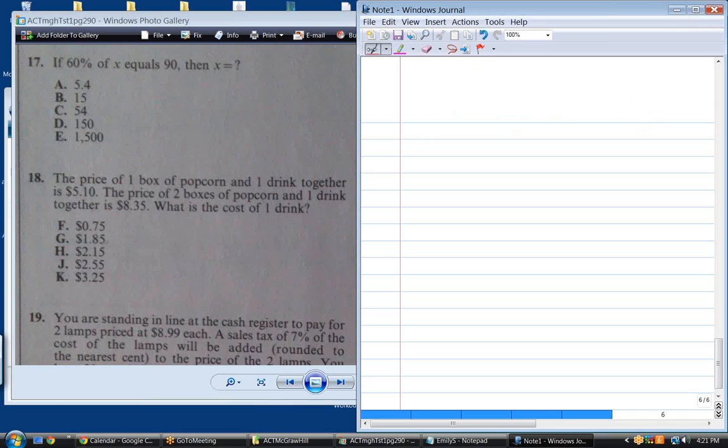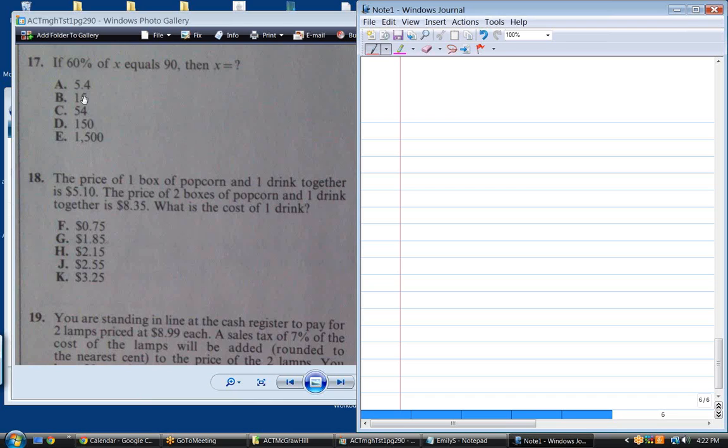How would you go about trying to do it? Back solving. Remember the word. Because it's going to be what you're going to use for a lot of these problems when you take the ACT test. It's not really applicable for your algebra class. You don't get to back solve in Algebra 2 class, but you do on the ACT test.